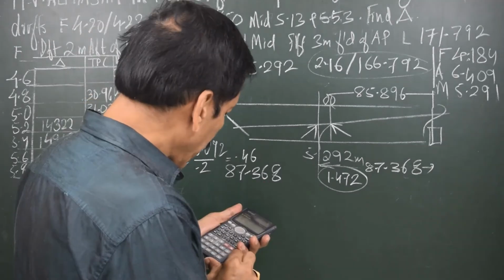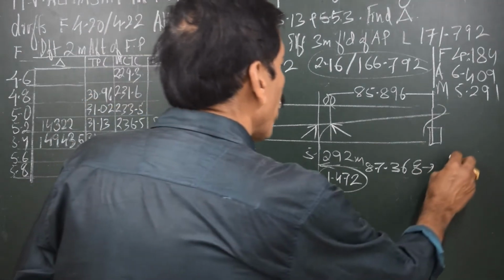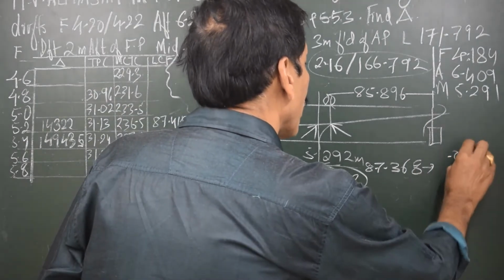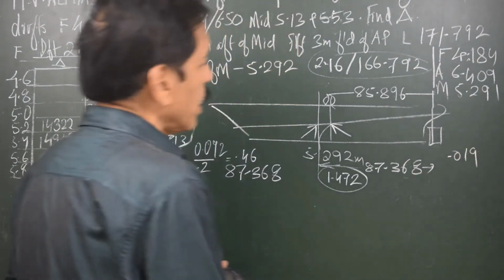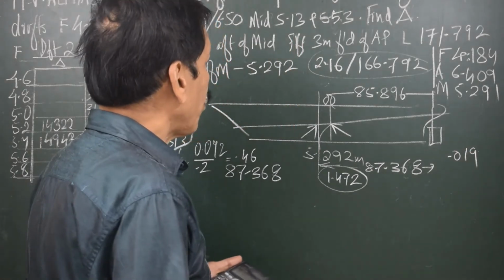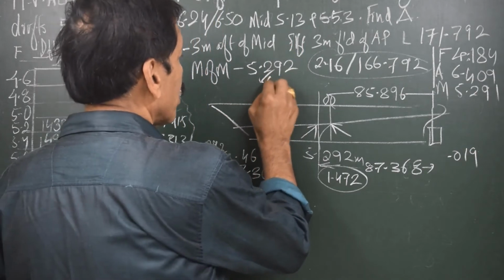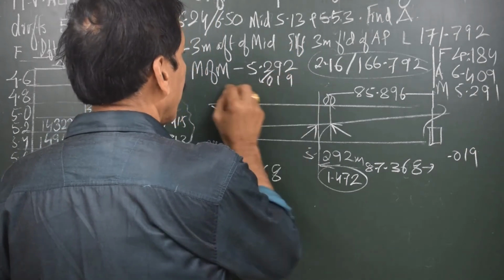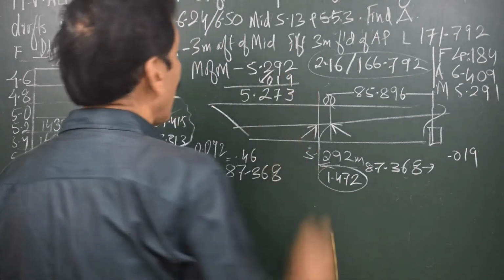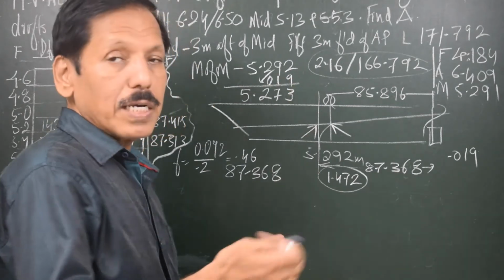That gives me 0.019. So whatever is my quarter mean draft, that is 5.292, from there I should minus 0.019. What I get is 5.273.